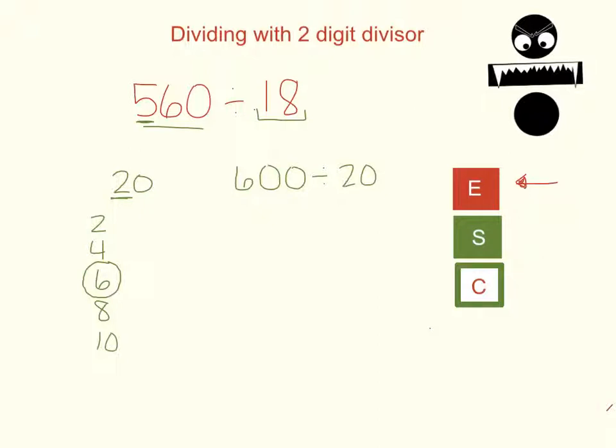And then don't forget, we Fruit Ninja: 6 divided by 2 is 3, and bring any zeros left over. So a good estimate for this problem is 30.